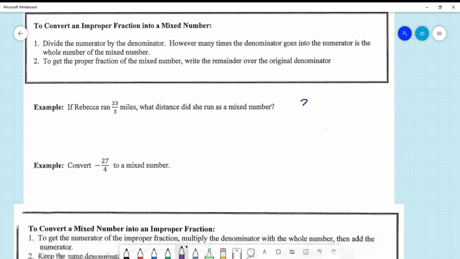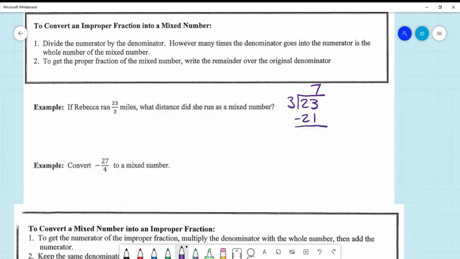So if I divide 23 divided by 3, do a little long division, 3 does not go into 2, so we move to the next digit. So 3 goes into 23 how many times? That would be 7 times, right? Because 3 times 7 is 21.